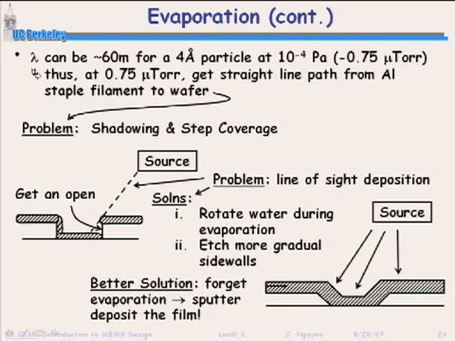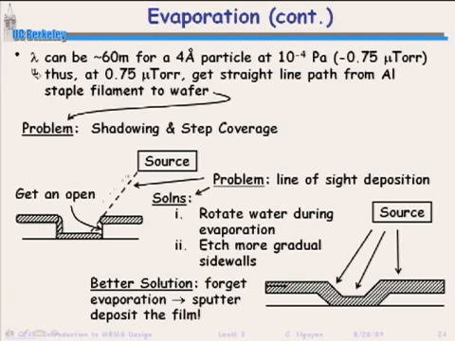You're depositing on a wafer that has had some holes cut in it. Because usually for metals, you're trying to make contact to a layer below. And so what you do is you have a point source here. You can see that this point source, you can draw lines to here. You're going to cover this, but you're not going to cover this. Okay, so this is the problem with evaporation, and the reason why people don't use it for a lot of CMOS anymore.